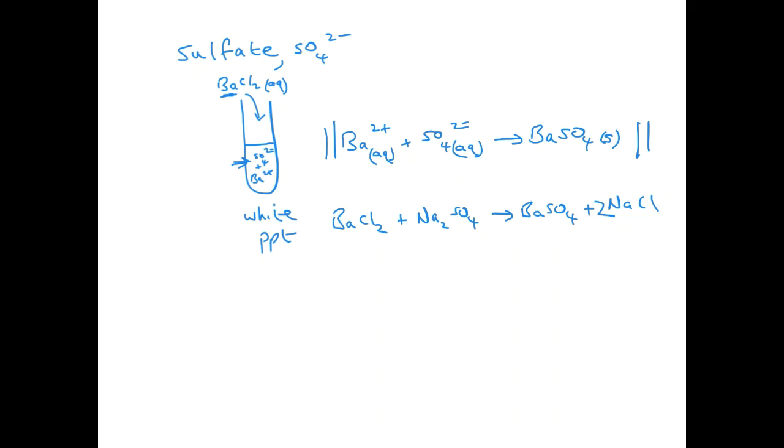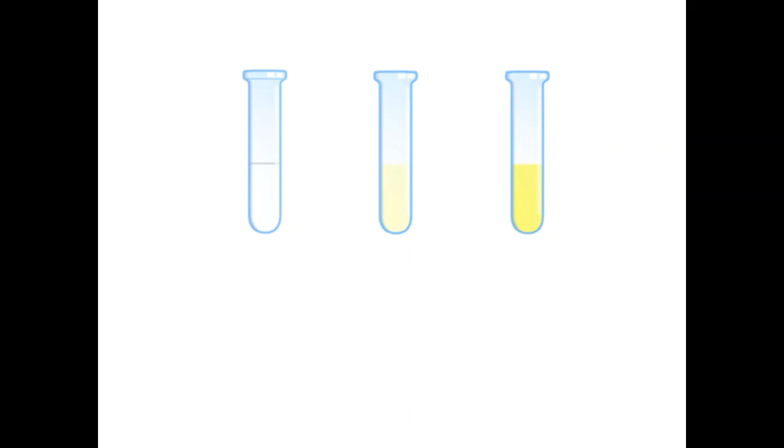The next one then is looking at how we identify halides. So here we've got three solutions, and we've got a chloride in the first one. There's a bromide in this middle one, and then an iodide. Now the colours you see in the diagram are the precipitates that formed when silver nitrate has been added.